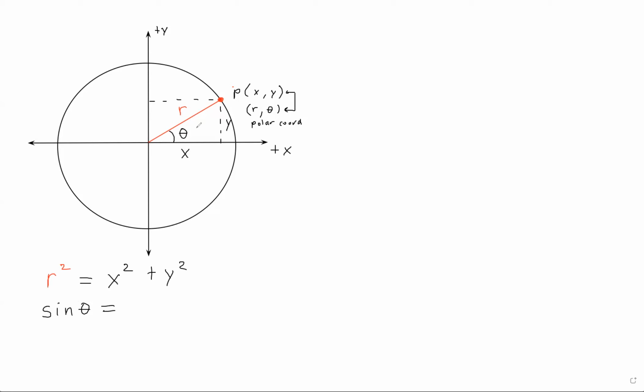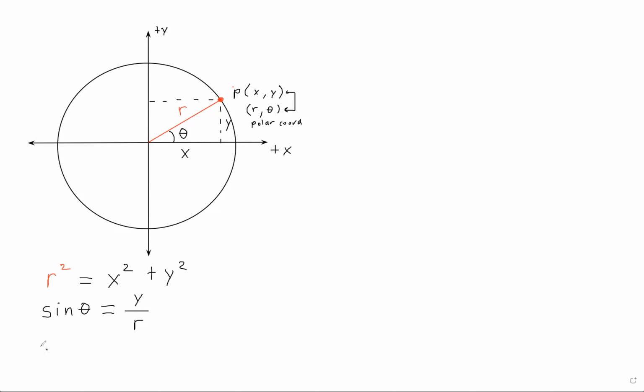In this case, the opposite side is y, and of course the hypotenuse is r, the ratio between the length of side y and the hypotenuse r. Now, arguably, these two equations are really all we need, because we can derive the other trigonometric identities from these two, because if we know sine, we know cosine.